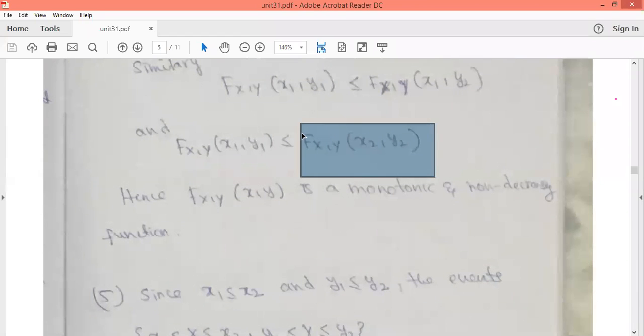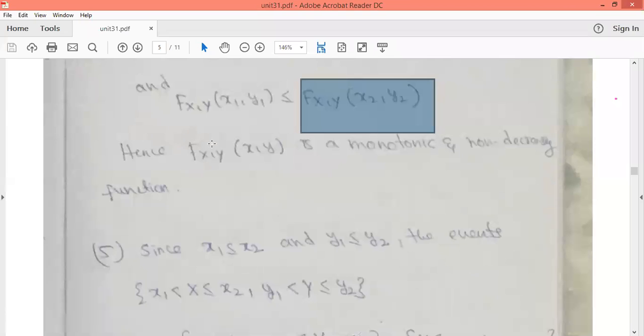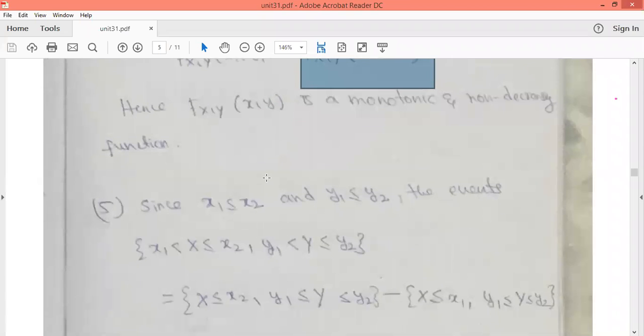So the joint probability Fxy of x2 y2 will always be greater than Fxy of x1 y1. Okay. So from these three relations we can say that Fxy of x comma y is a monotonic and non-decreasing function. Okay. So this is our fourth property.